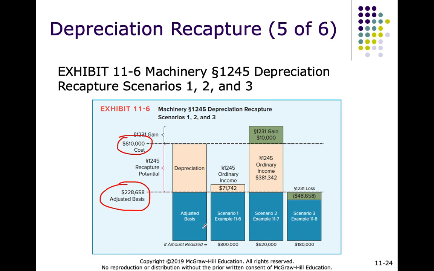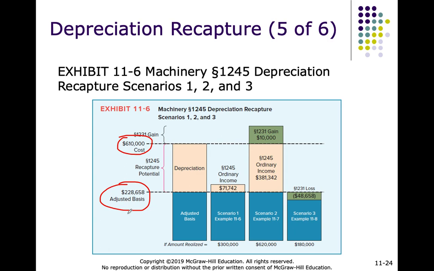228,658. Depending on the amount, let me do a quick calculation here. Our previous tax depreciation taken should be the difference between the cost and the adjusted basis. So basically we have previously deducted throughout the years 381,342.